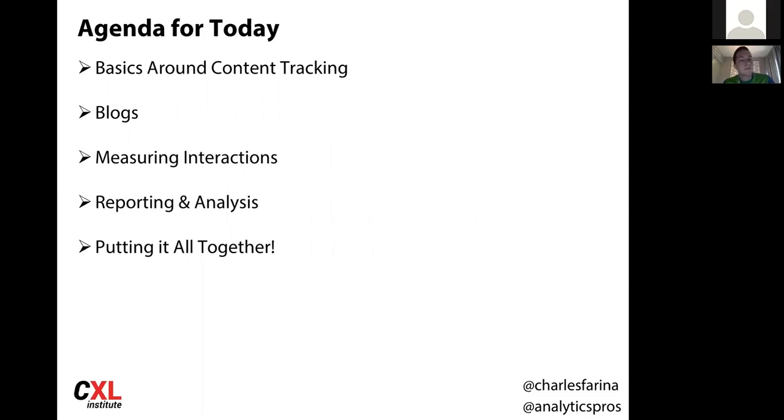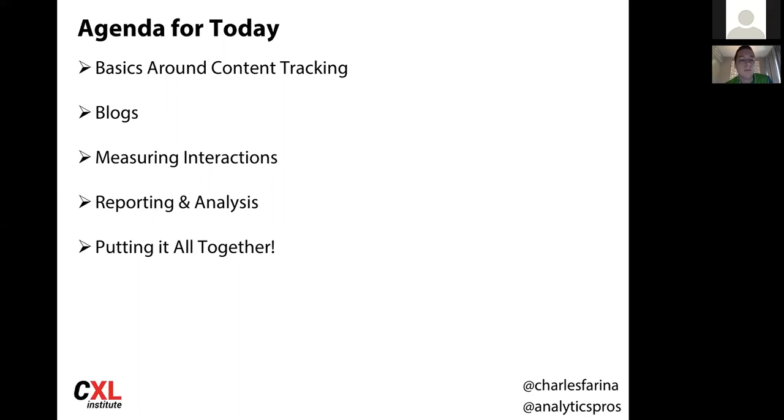So for today, just a little bit about the agenda. We're going to go over some of the fundamentals around content tracking. We'll start off with some heavy focus around blogs, since that's a very obvious type of content that is applicable to almost everyone. We'll go over an example of a site, walk you through what basic implementation looks like, what the limitations of that are, and then what you guys should really be striving to do with a blog.